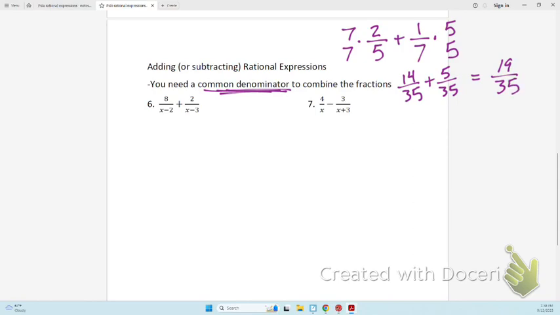Same concept here on number 6. I need a common denominator, so I'm going to multiply the other denominator times the fraction I'm looking at. So for example, x minus 3 times the first fraction. And then for the second fraction, I'm going to multiply by x minus 2.